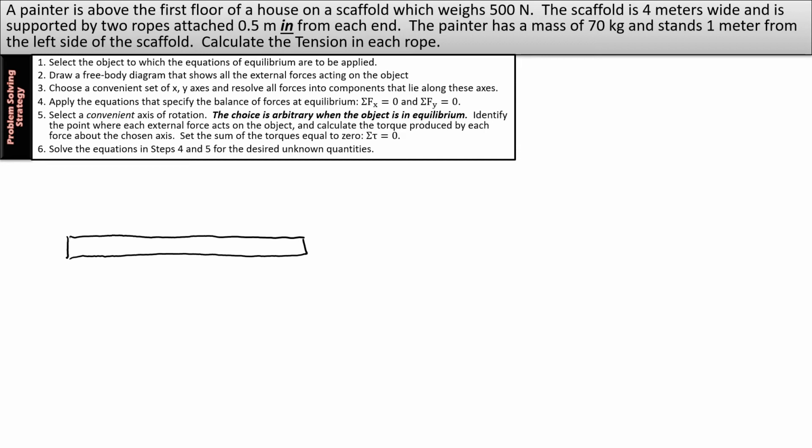It weighs 500 newtons, and we said that you can make it the center of mass, and you assume it's a uniform object, which means that the center of mass would be right in the middle. So the weight of the scaffold is equal to 500 newtons. I'll try to do it color coordinated like I have been. The scaffold is 4 meters wide, so we could start writing in that information if we wanted to. This is 4 meters wide.